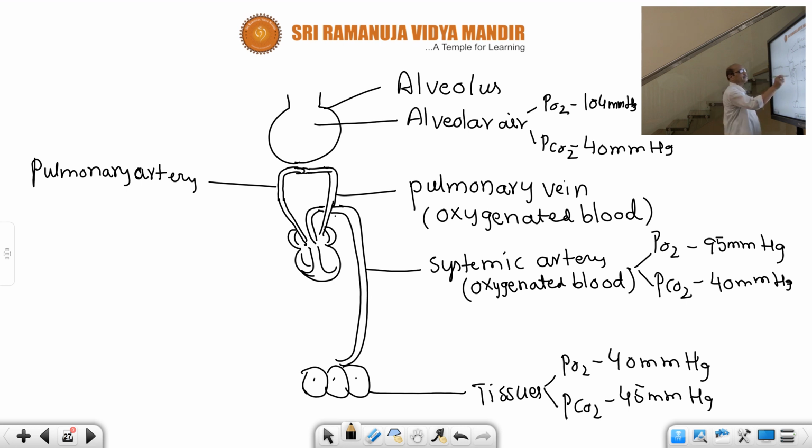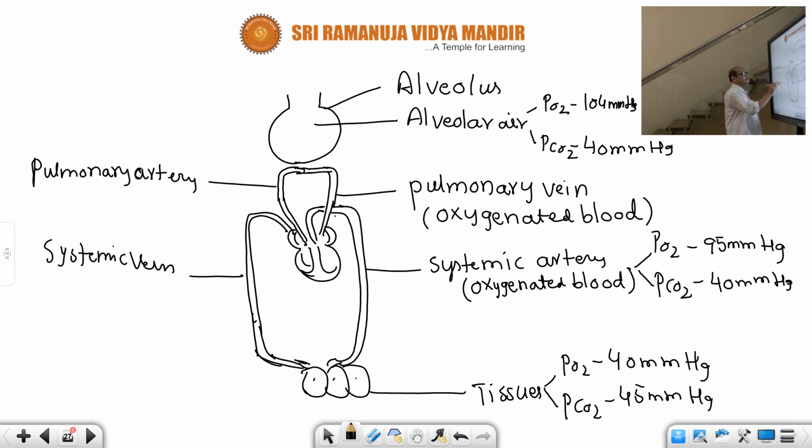And again another blood vessel enters into the right atrium, starting from tissues and ending here like this. This is called systemic vein. Systemic veins and systemic arteries.